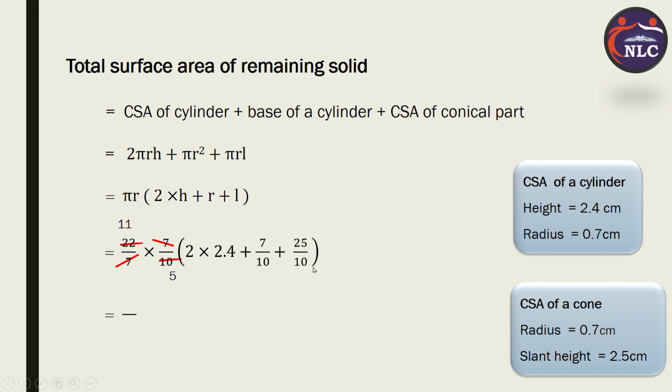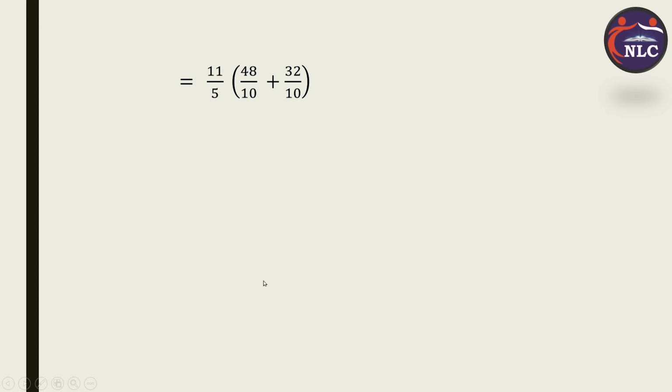So 11 by 5 into 4.8 plus 7 plus 25 is 32 by 10. And this 4.8, let us write it as 48 by 10. So 11 by 5 as it is. Here the denominator is the same.